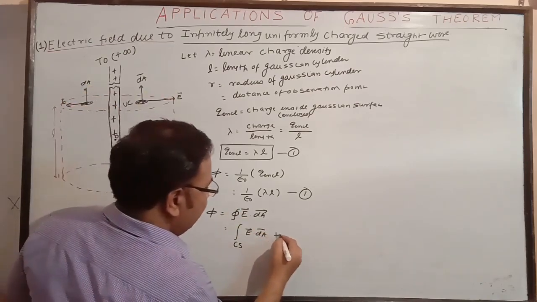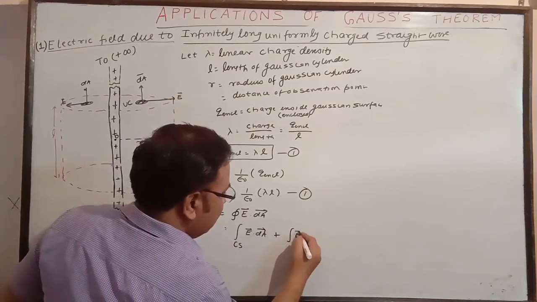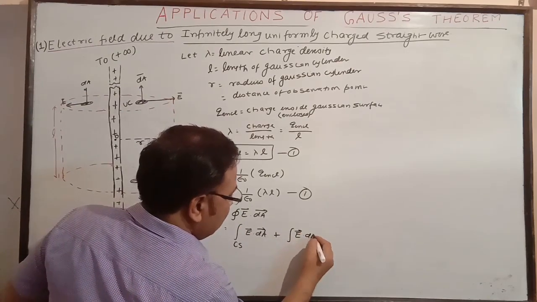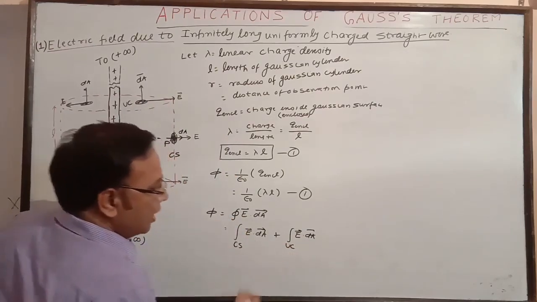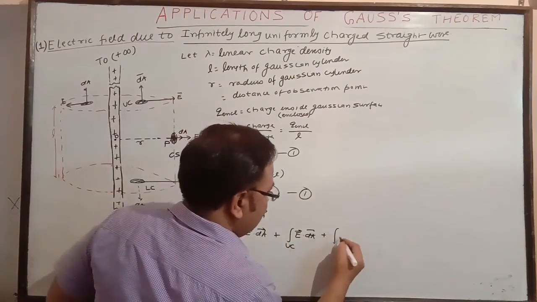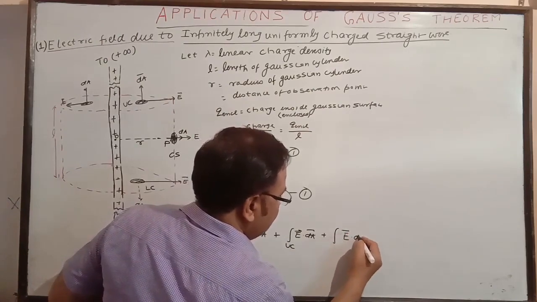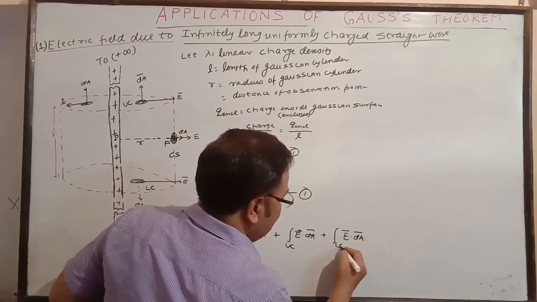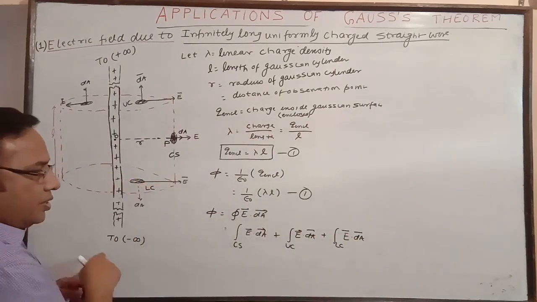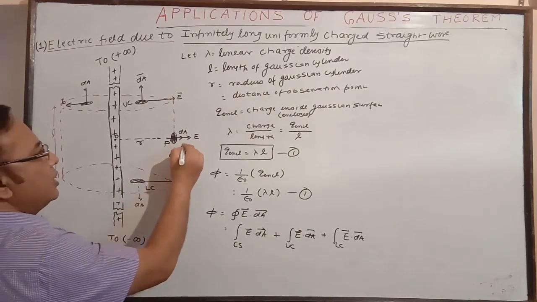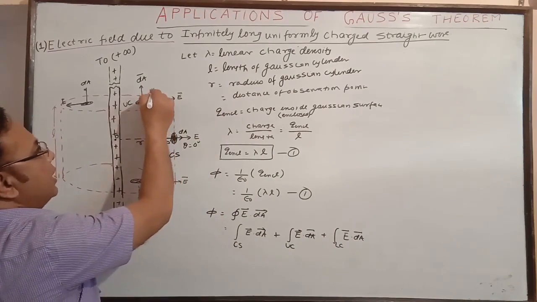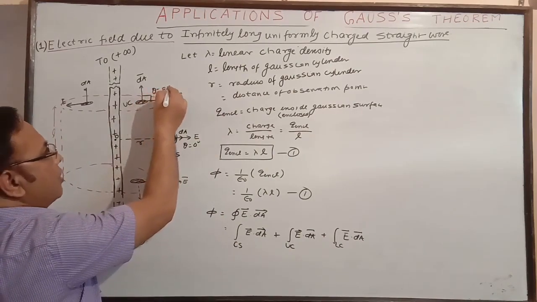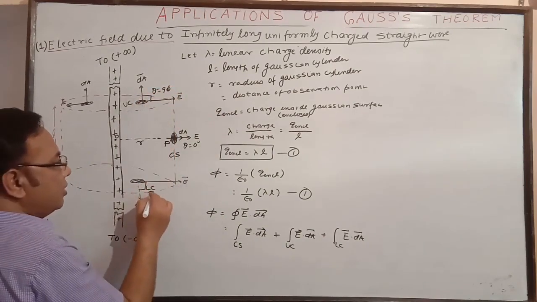For the curved surface, theta is 0 degrees. For the upper cap theta is 90 degrees, and for the lower cap also 90 degrees.